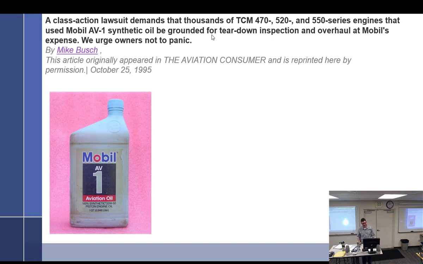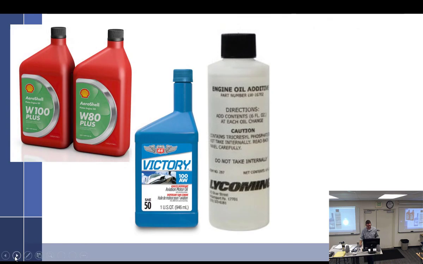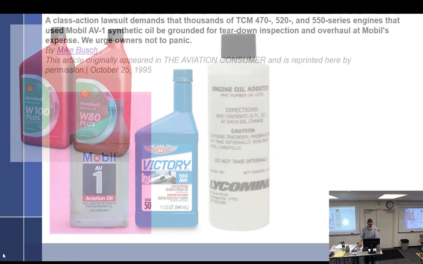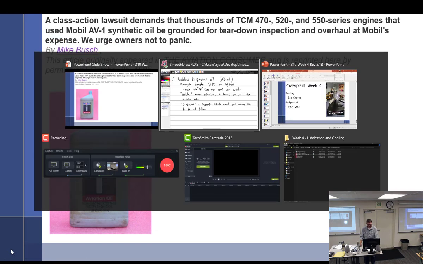Didn't want to stick. So there we go, there's your Victory. That's what you just asked me. We'll talk about this in a little bit. I just call it the LW additive, LW16702. It's not 702, I think, it's something else. But anyway, that's a big deal. We'll talk about that big deal in a little bit. Something to look forward to.